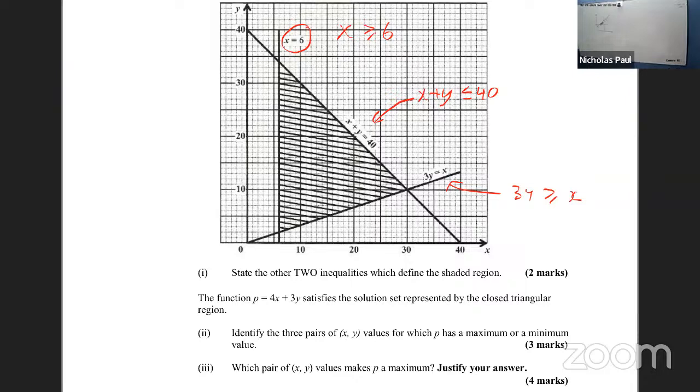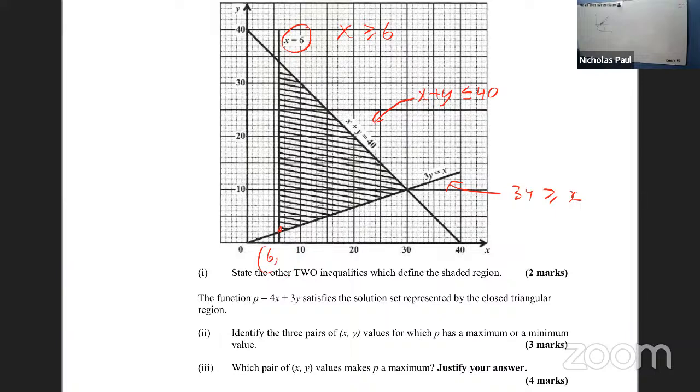Now, what are the pairs of points? This one here looks like 6, 6. Sorry, 6, 2.